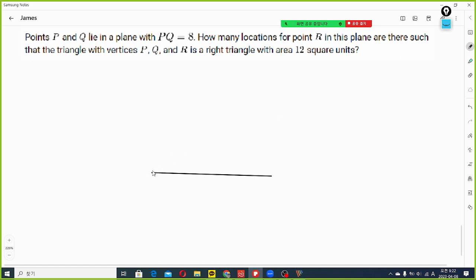So if we make a circle with a diameter of 8, the diameter's inscribed angle is 90 degrees.